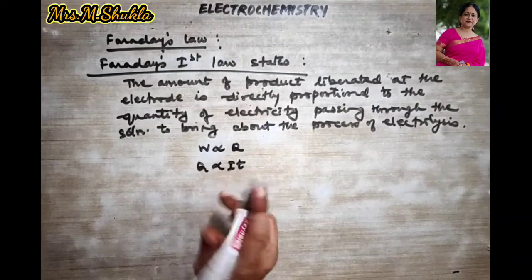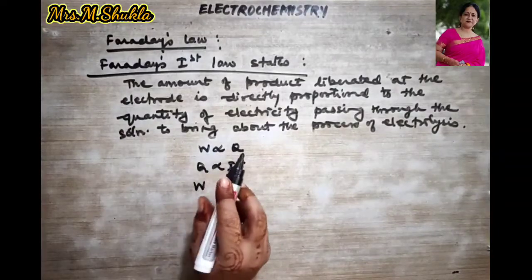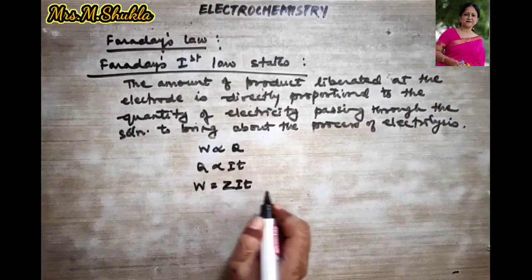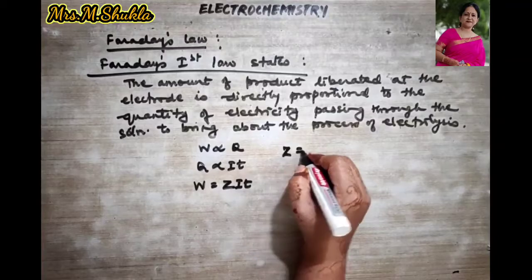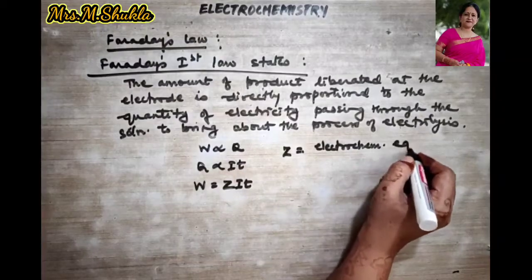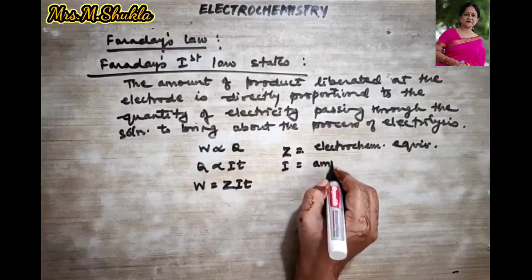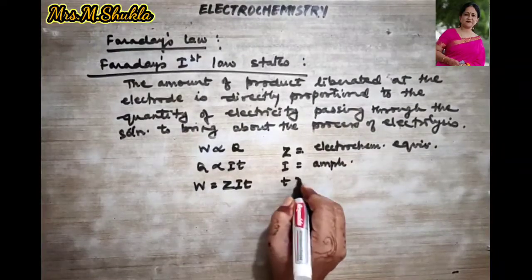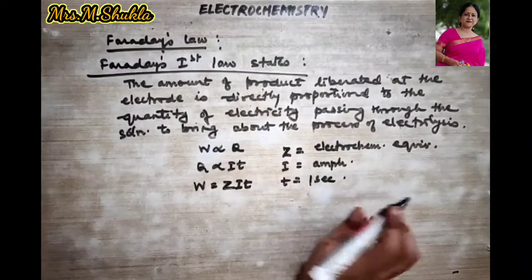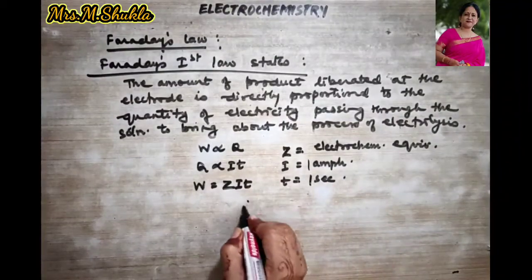The current into time, and we know that the product or the substance getting deposited at electrode is equal to Z I into T, where what is your Z? Z is your electrochemical equivalent, right? And over here I, it is always measured in ampere, and your time is always measured in second, or it is equal to 1 second, and this is 1 ampere. Clear?